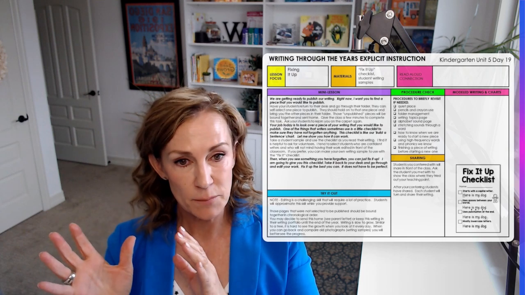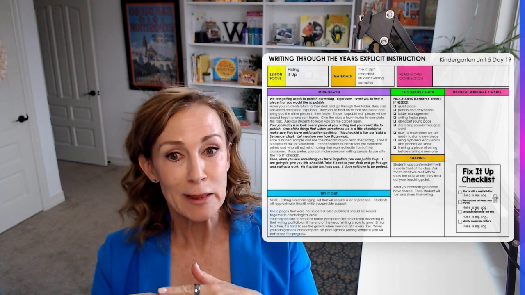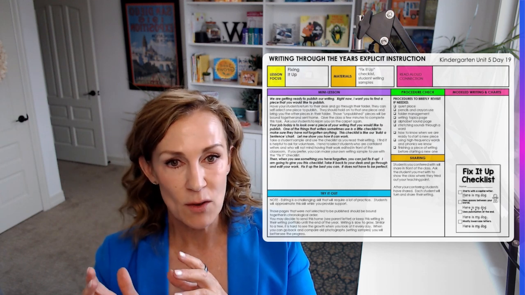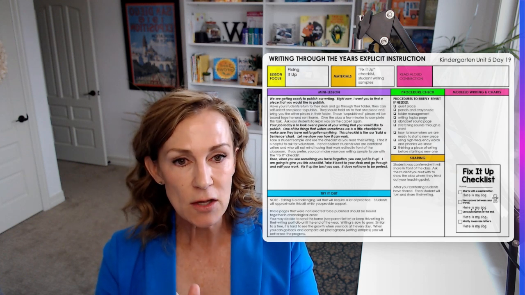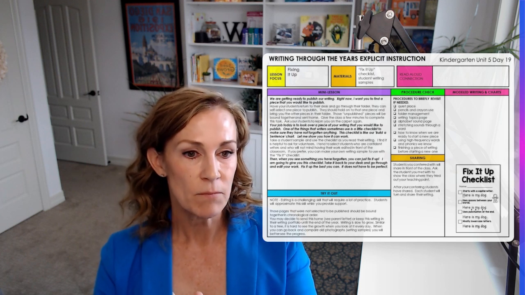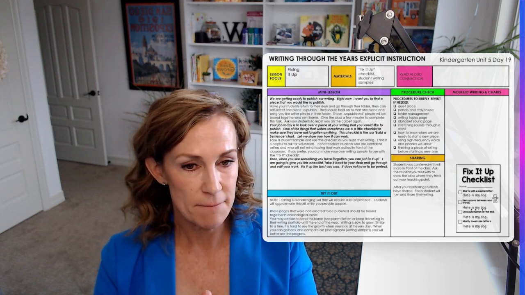Or if they didn't like the picture and they like the words, feel free to use, literally cutting, not pasting, but taping probably, is a great way for them to make their meaning more clear. So that's always our goal, is how can we make this piece of writing more clear to the reader? And so that's kind of what our goal is during that fix it up time.